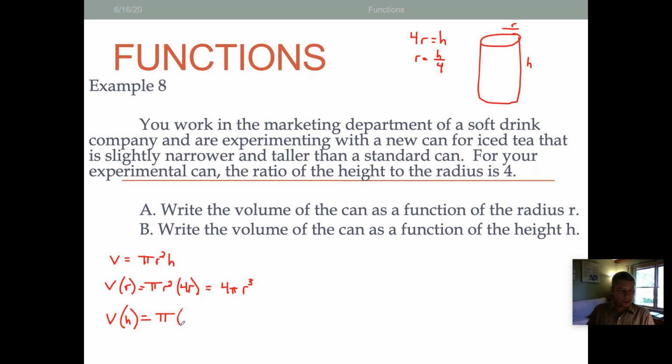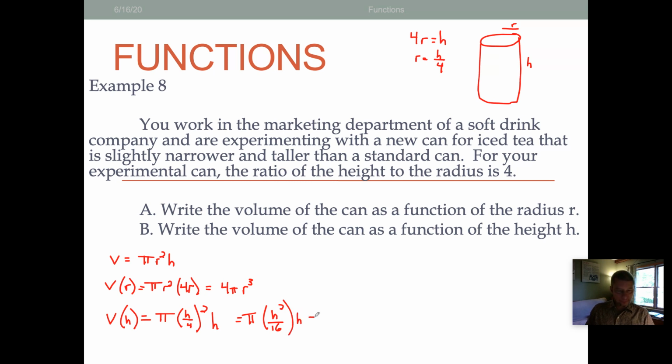And so I'm going to plug in here h over 4 quantity squared times h. And if I do some math here, and I'll do this in 2 steps, h over 4 squared is going to be h squared over 16, because h times h is h squared, and 4 times 4 is 16, times h.